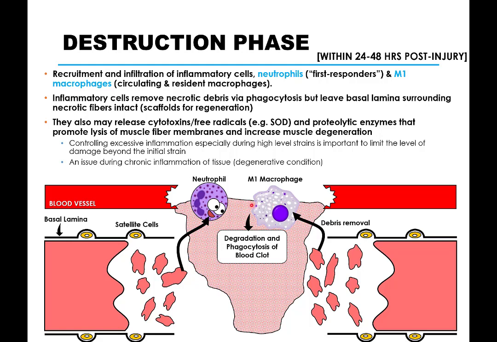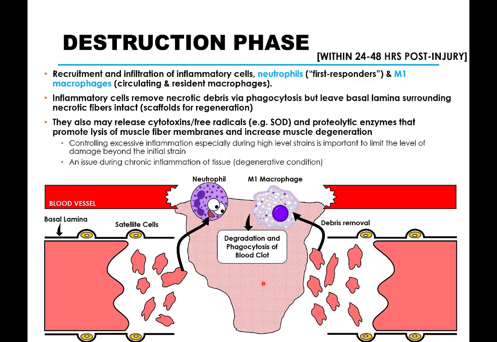So yes, more proteolysis along with other catabolic reactions occur during this digestion process inside of these inflammatory cells. As a result, the cellular debris within the regeneration zone and the blood clot within the central zone are cleared out.